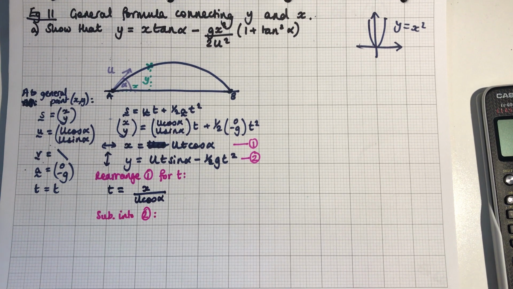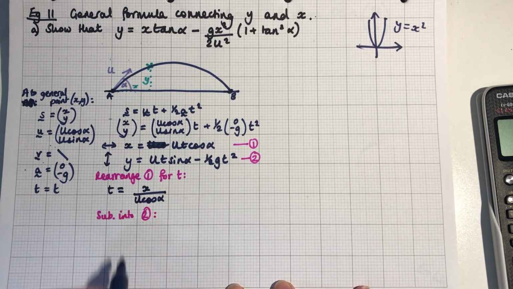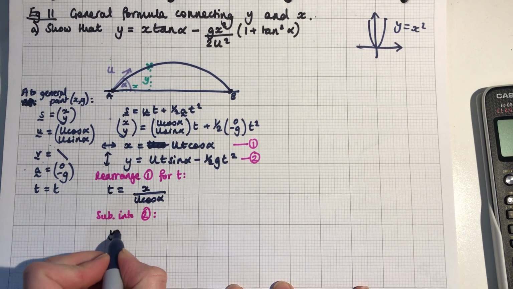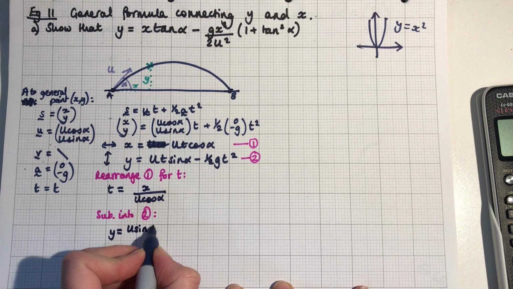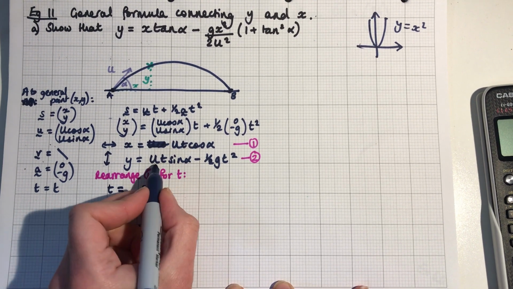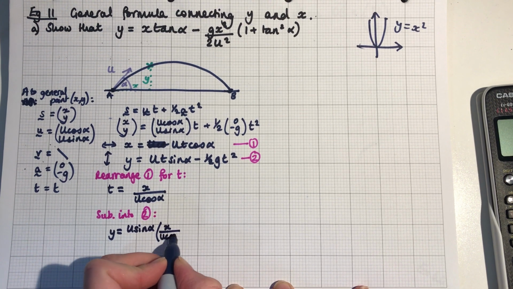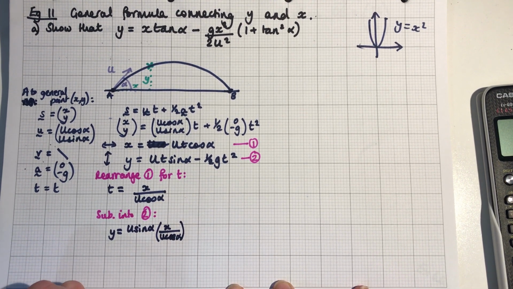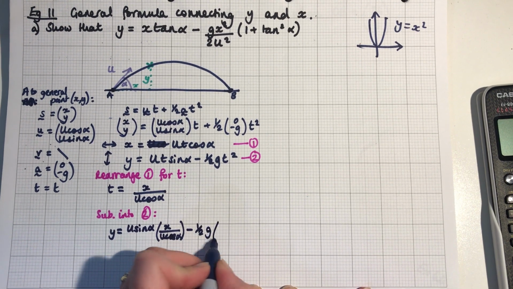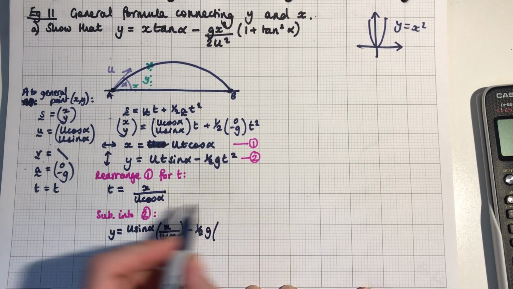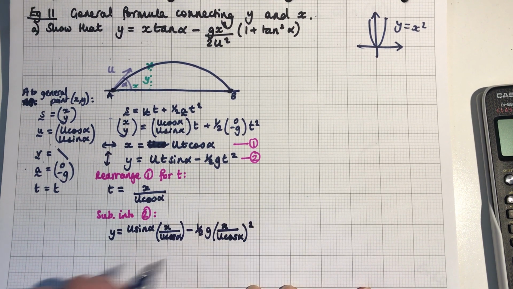Everywhere I've got a t in equation 2, I'm going to replace it with x over u cos alpha. So we have y equals u sine alpha times x over u cos alpha, and then minus a half times g times, this time we've got to square it, x over u cos alpha squared.